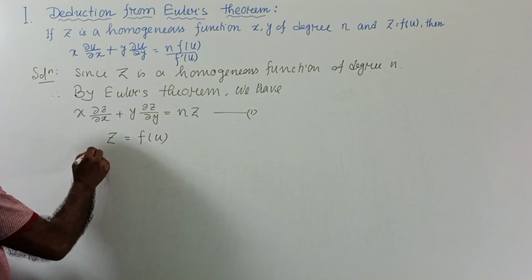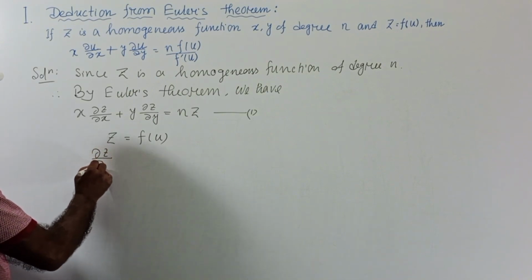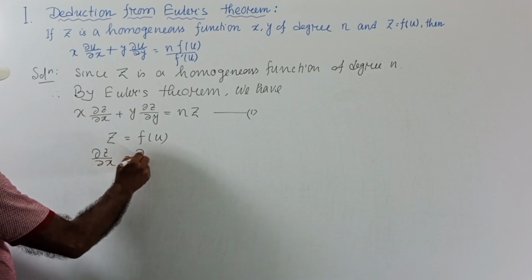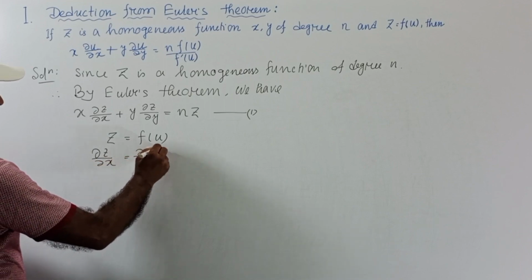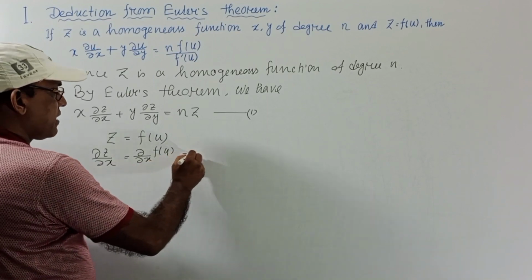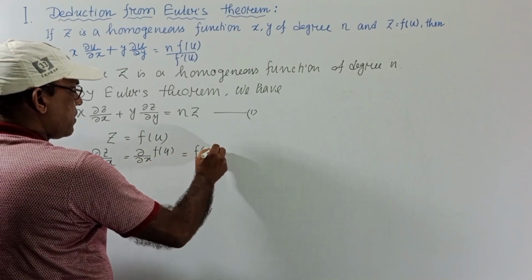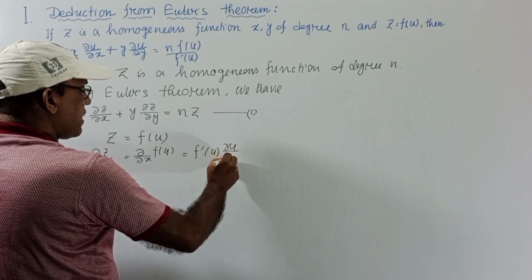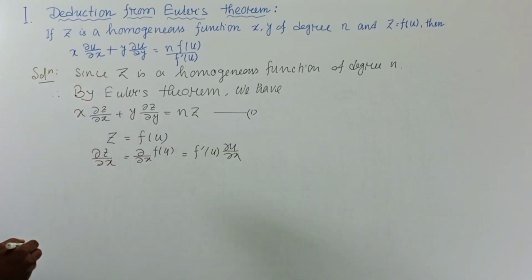So if we differentiate partially with respect to x, what do we get? Del z del x equals f dash u del u del x by using the chain rule.